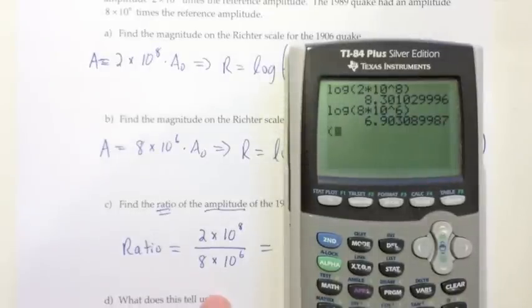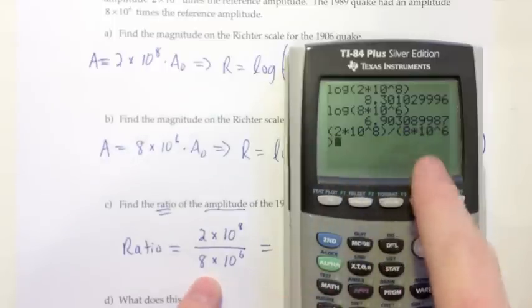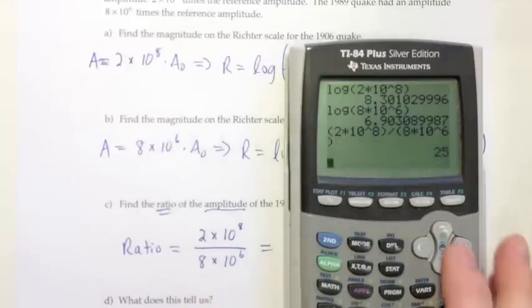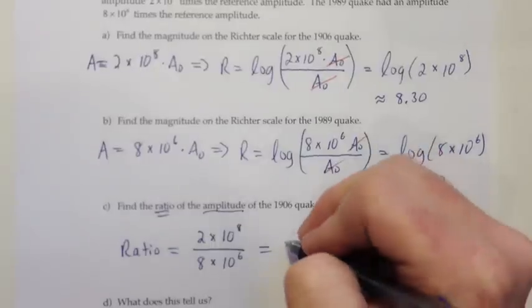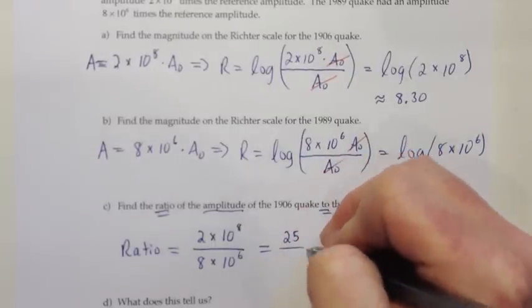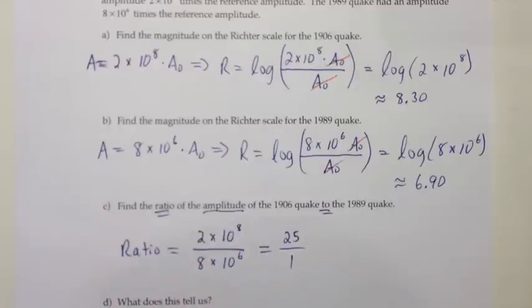So my numerator would be 2 times 10 raised to the 8th power divided by my denominator, which I'll also put in parentheses, 8 times 10 raised to the 6th power. Again, notice parentheses around the top and the bottom. And we get a ratio there of 25. So you could say the ratio would be 25 to 1.